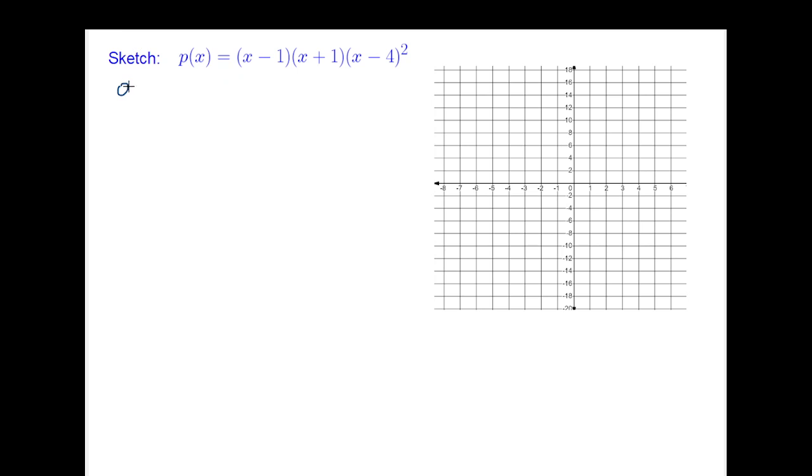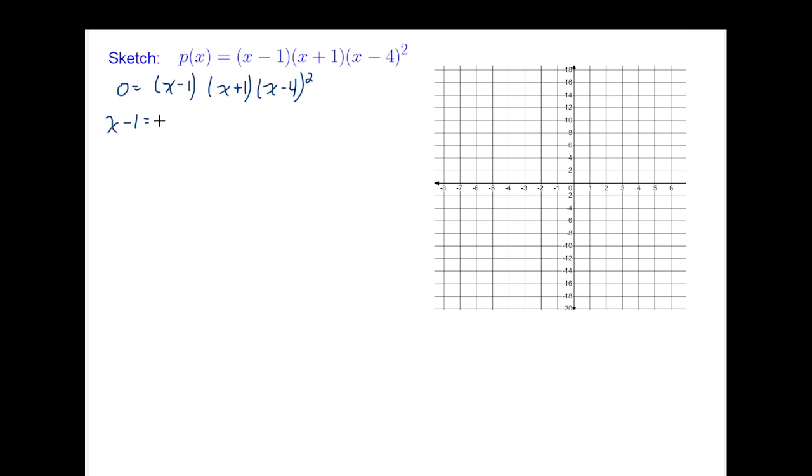Some of you will be able to take a shortcut here to find the x-intercepts. So we've got x minus 1 as a factor, x plus 1 as a factor, and x minus 4 as a factor, but it happens twice. And again, using that zero product property, we know that if all of these things are multiplied together and give us 0, then each of those factors has to equal 0.